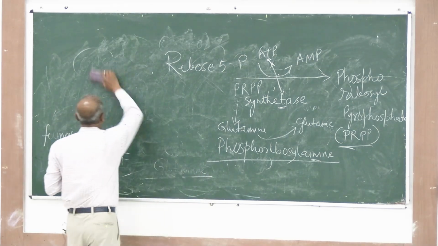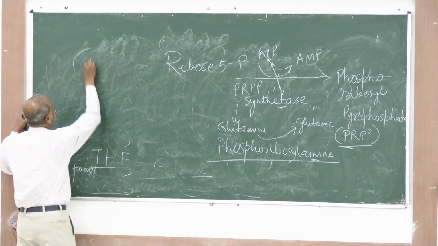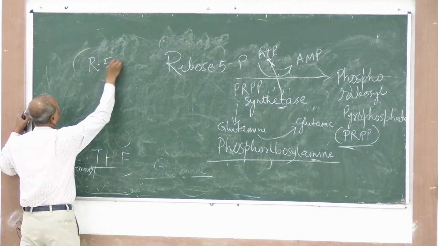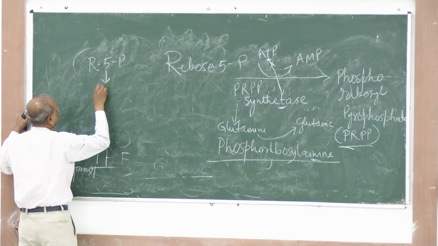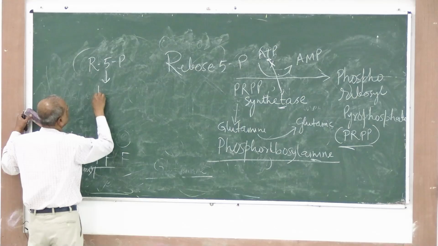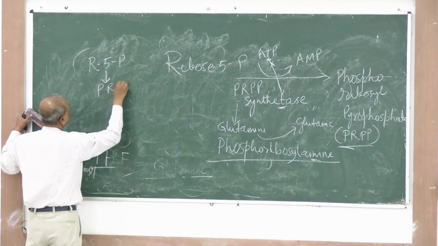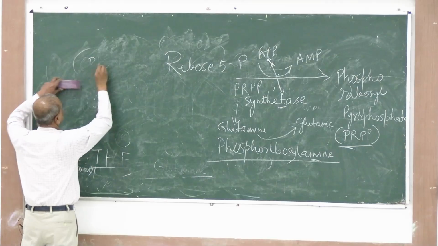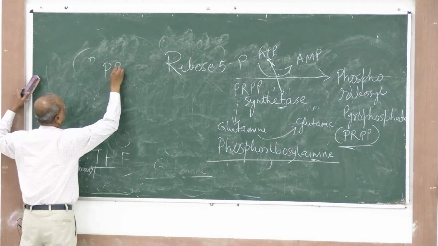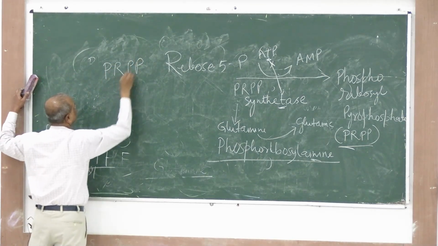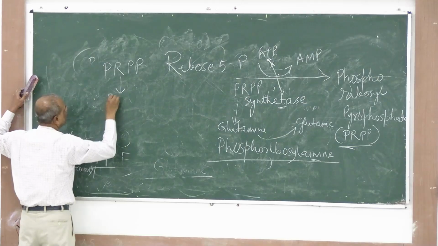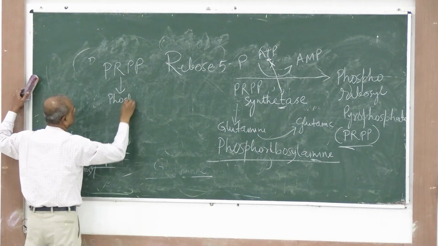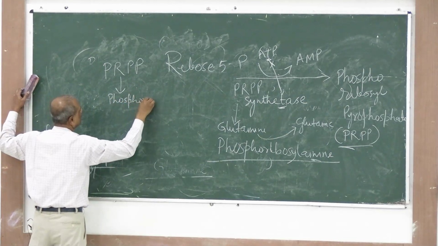The amide group of the nitrogen of glutamine is transferred. So first ribose 5-phosphate, then PRPP, we basically start with PRPP as the starting material, then phosphoribosylamine.